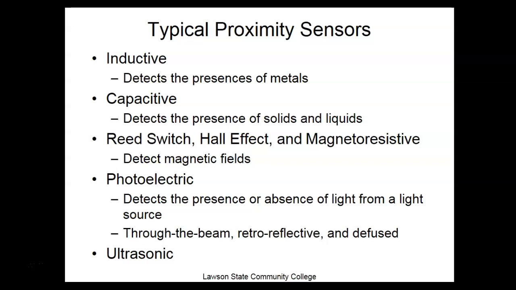Most of the time we use ultrasonic sensors to sense position. On the Amatrol line, it's actually used to measure the height of the item that we're trying to manufacture. And if it's not between set limits, then we'll reject that.